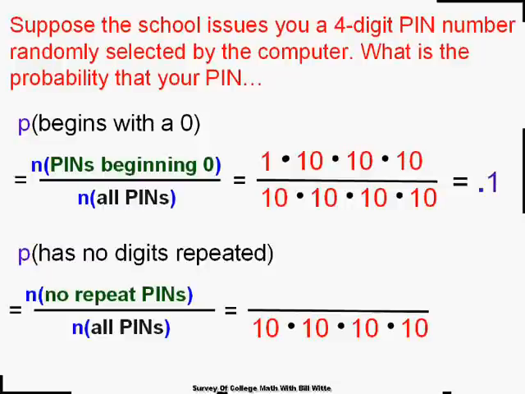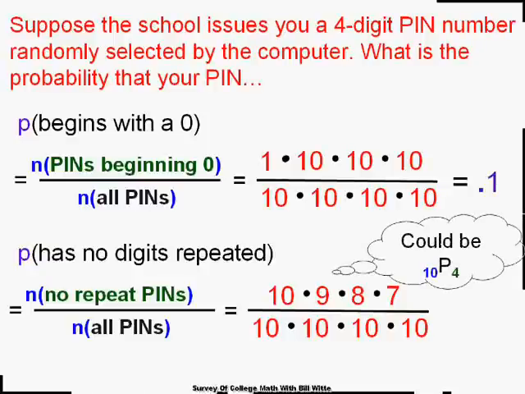The first digit can be anything, it just can't repeat, so that'll be a 10. The second digit can be everything but that one, so I have a choice of 9. The third digit can be everything but the first 2, so I have 8. And the fourth digit can be everything but the first 3. And if we do that calculation, we could have used a permutation of 10 things taken 4 at a time, couldn't we have? It's all a matter of how you want to do it. But you get the idea, and notice that order does count in this case.